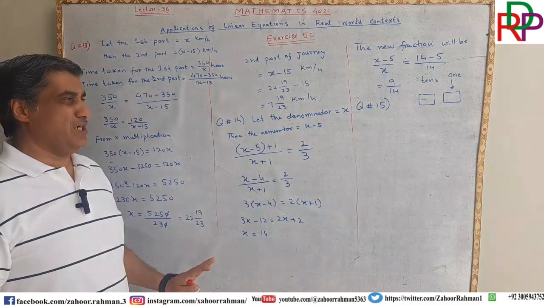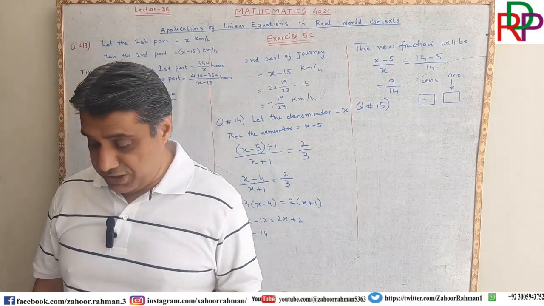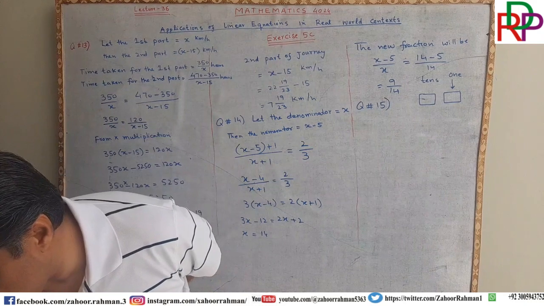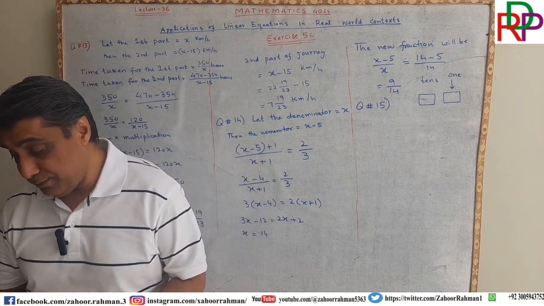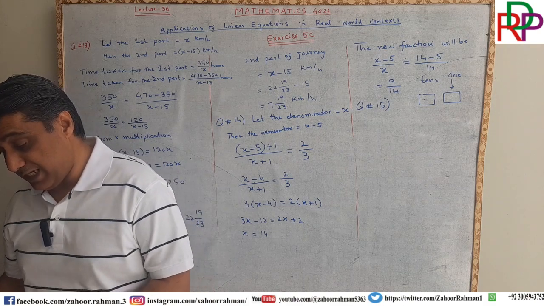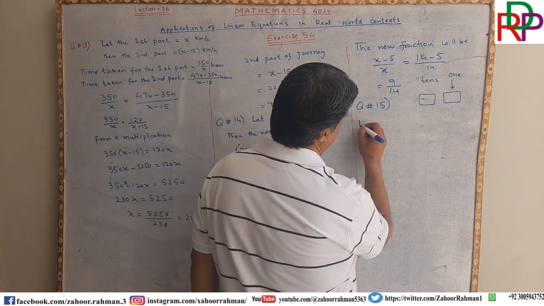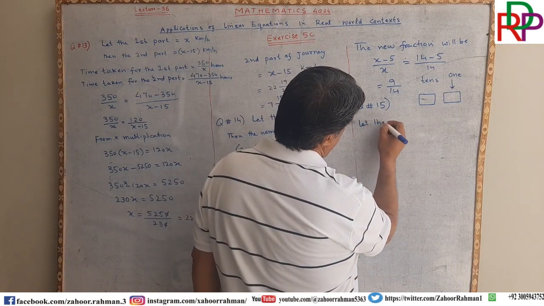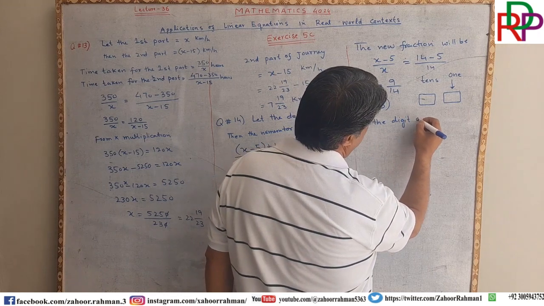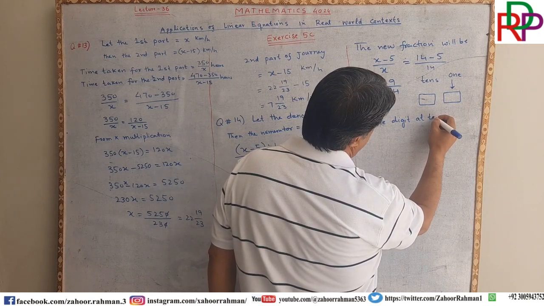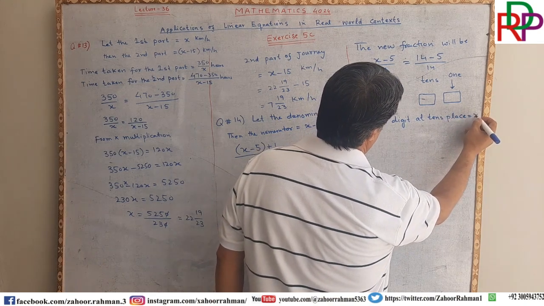We don't know what is the number, but they are saying a two-digit positive number is such that the ones digit is 2.5 times as much as the 10 digit. We don't know the 10 digit. Let the digit at tens place be equal to x.